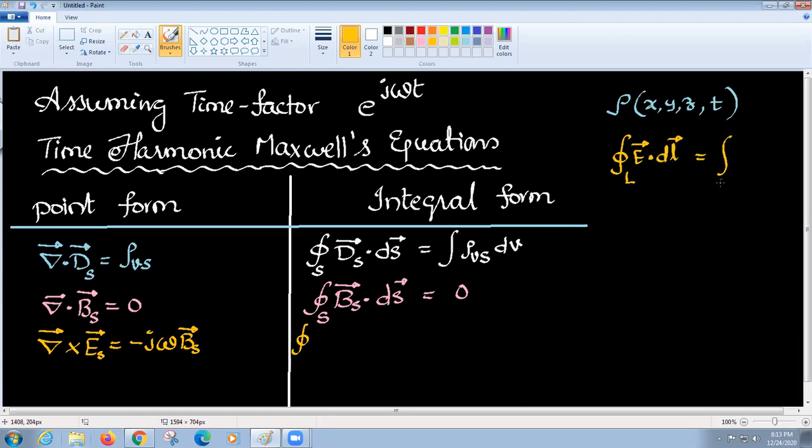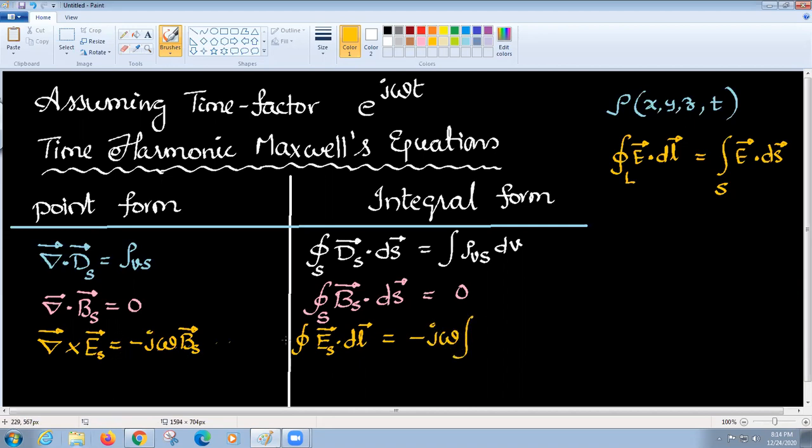This corresponds to what? Open surface, curl of E dot dS. This is what Stokes theorem says. Anyway, so I use that. It is curl of E. So this is now Es dot dl is equal to minus j omega.